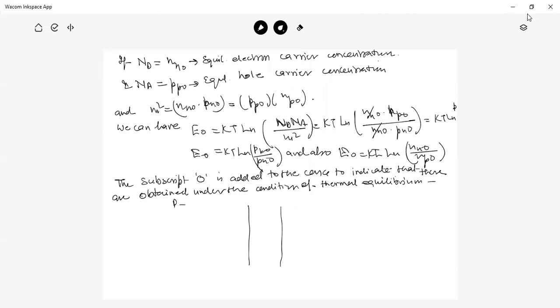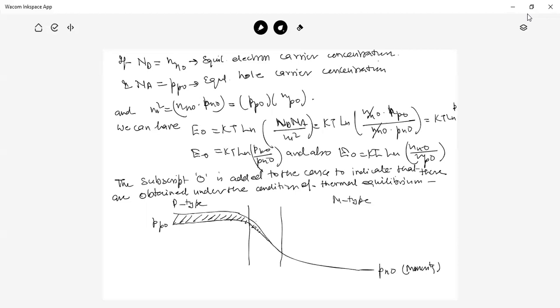Suppose this is P type and here it is N type. This is PP0, that is the majority charge carrier of hole. Here it is PN0. This is the minority charge carrier.